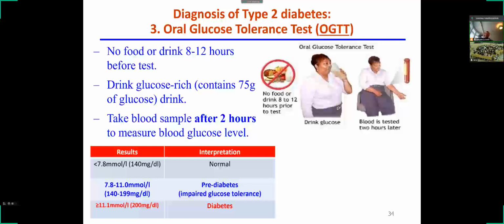What you expect to see is now a change, but it's still below 7.8. If it's between 7.8 and 11, it's impaired glucose tolerance, and if it's above 11, you've got full-blown diabetes.